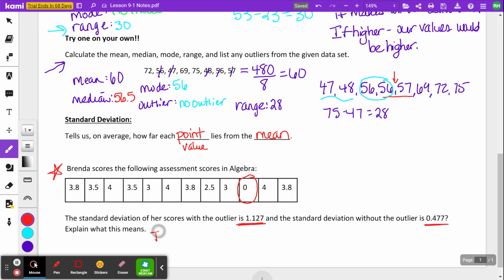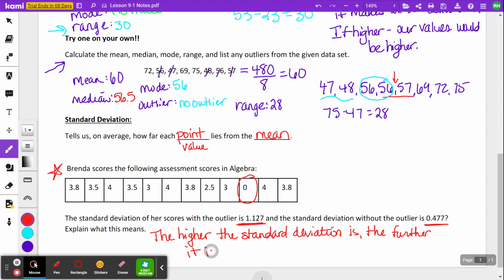So the higher the standard deviation is, the further it is from the mean. You guys have probably all seen the bell curve that is used to show data.